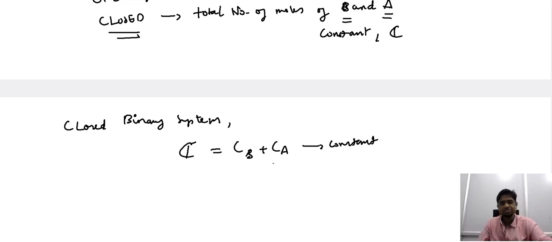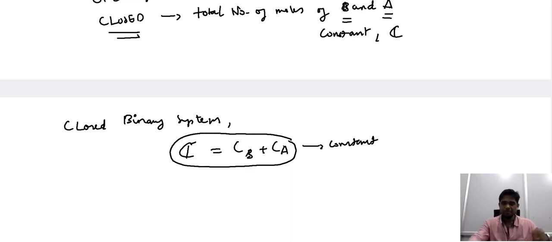So this expression has now established an interdependency between the base metal and the alloying element.